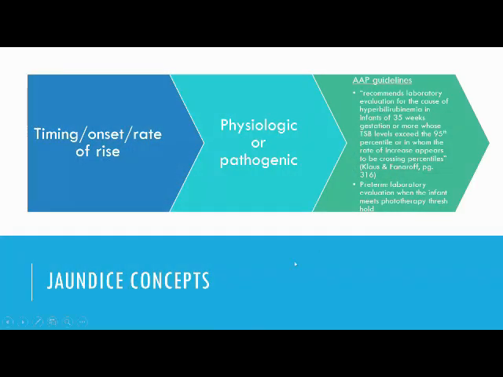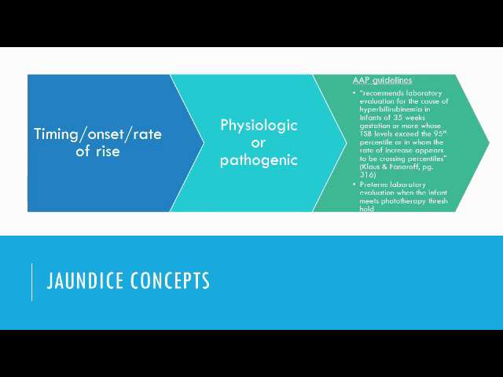Okay, this slide, I just really think that there are some terms and some things that you have to think about when you're talking about hyperbilirubinemia that are important to understand. When you're talking about the level of bilirubin that the baby has, you have to think about the timing.